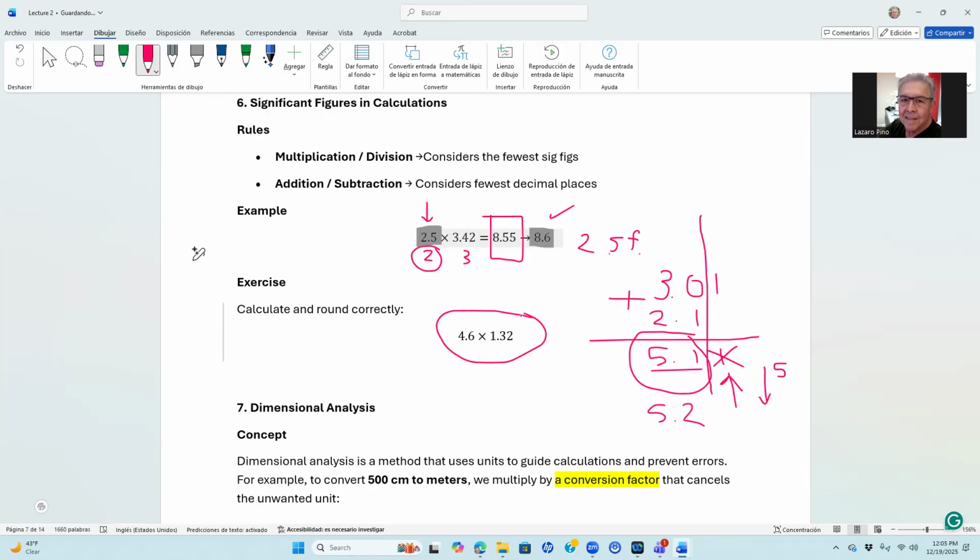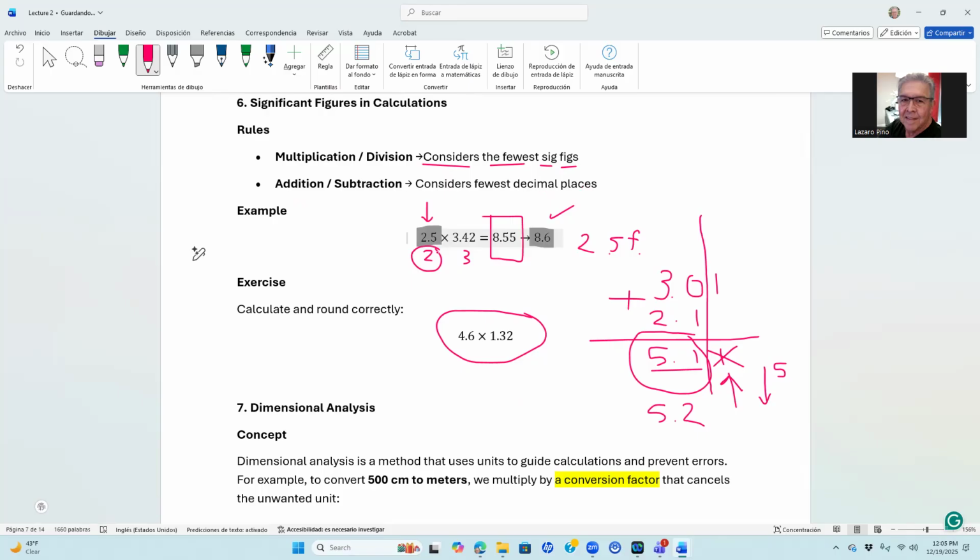Okay? Then remember, for multiplication and division, you consider the fewest significant figures. And in addition and subtraction, you consider the fewest decimal places.